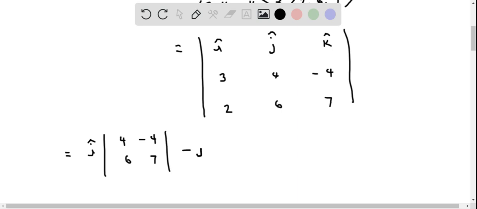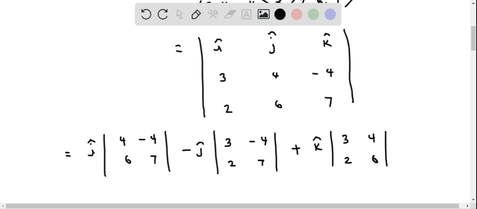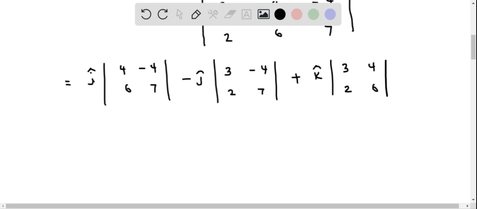Then we put j unit vector, and multiply with the 2 by 2 determinant, leaving the row and column represented by j vector. This gives 3, negative 4, and 2, 7. And then we put k vector multiplied with the 2 by 2 determinant, leaving the row and column represented by k vector, which gives 3, 4, and 2, 6. Let's evaluate this.